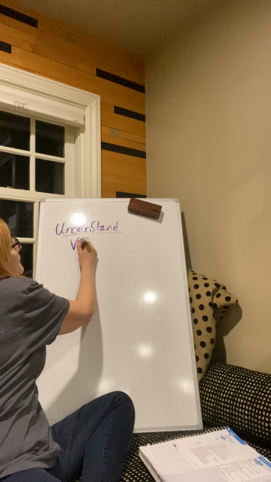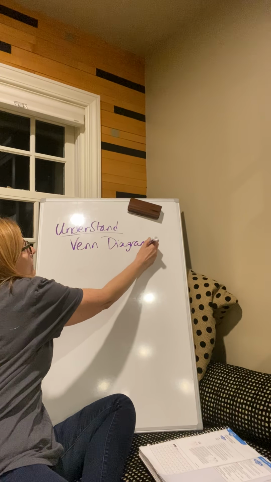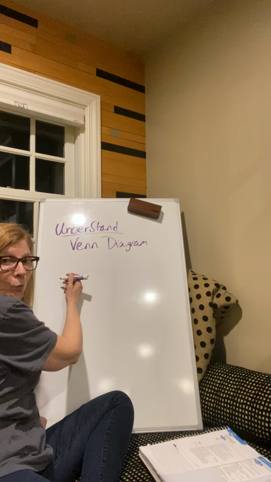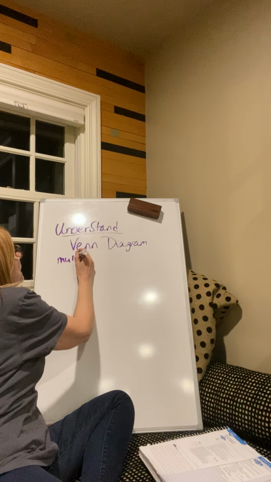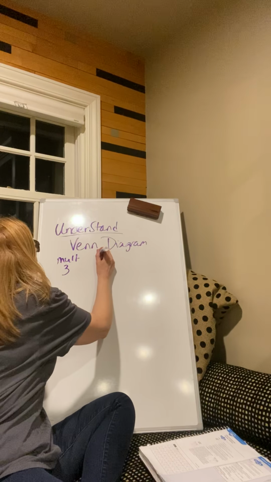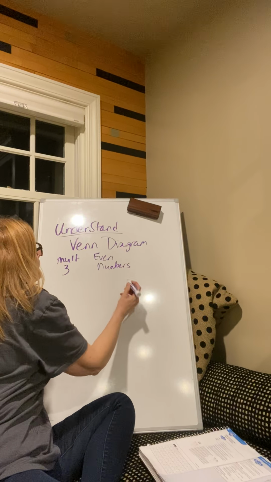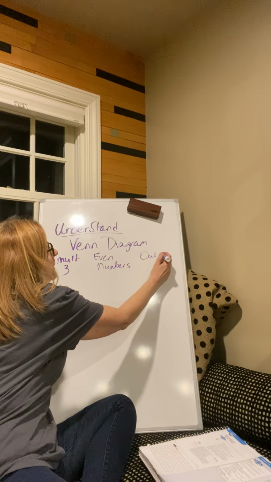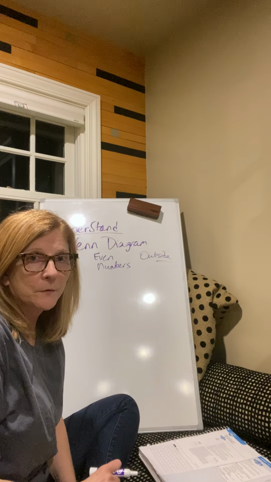So we're going to understand. We have a Venn diagram, and our problem told us that the one on the left had multiples of 3, and the one on the right was even numbers. And then outside of those circles was neither, okay?